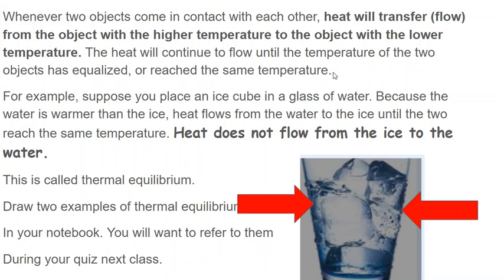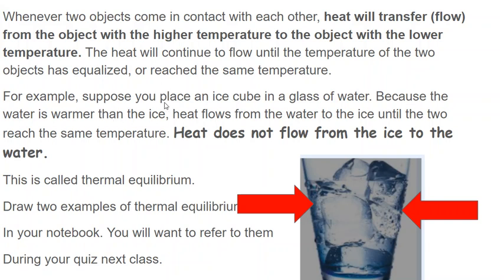So that explains why if you leave a hot cup of coffee out on a counter, eventually it will be the same temperature as the room that it's sitting in. And that's also why your cold drink, if it's 90 degrees outside and you have ice cold water, it will become the same temperature as the surroundings, because that heat will continue to transfer until those two objects are the same temperature.